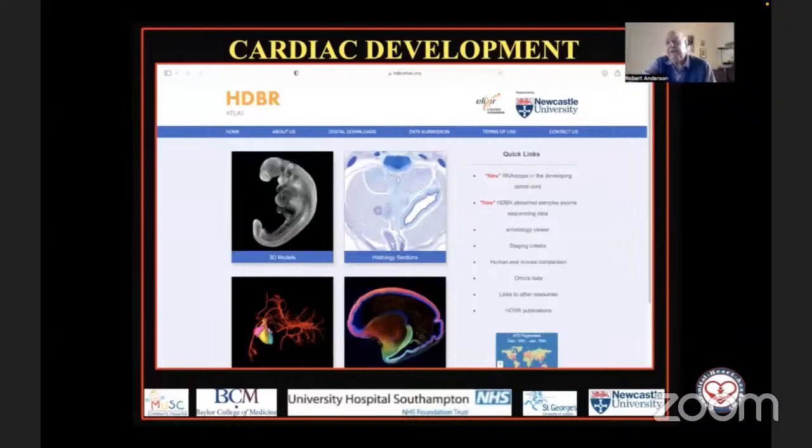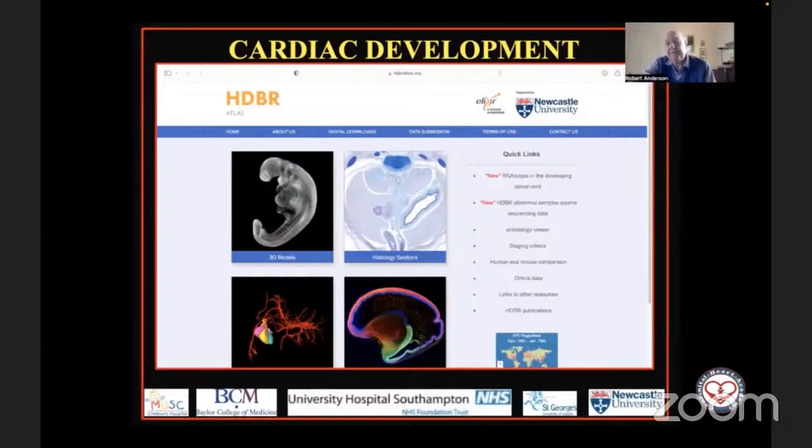But already you can find three-dimensional models, you can find histology sections, you can find reconstructions, and you can find descriptions of where the different genes are. So if you want to follow up on what I'm telling you, I recommend also that you gain access to this database.